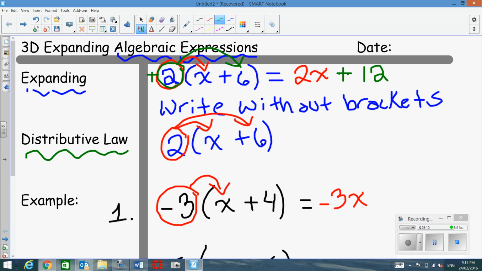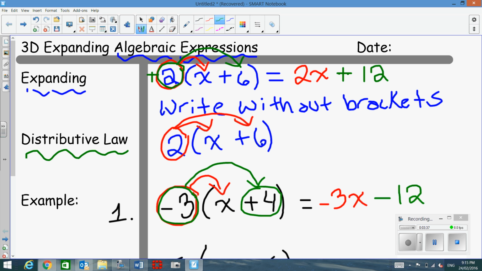If I use the green, I'm going to take negative 3 again, but this time I'm going to distribute it to positive 4. And I want to be thinking of it as a positive 4. So I want to include the sign in front of the number. Negative 3 times positive 4 makes negative 12. So when I write that down as negative 12, I just created the expression negative 3x minus 12.